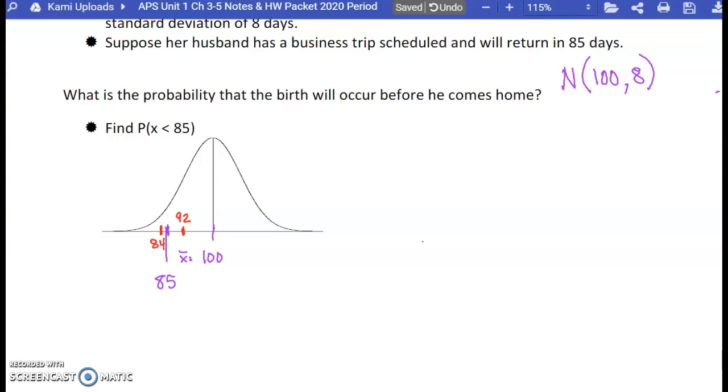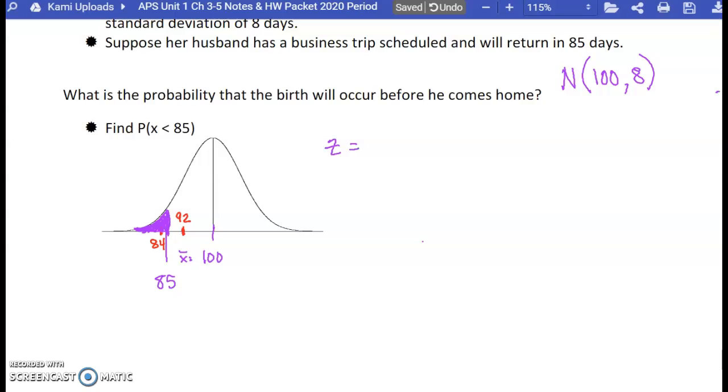I'm going to move this label. We're interested in finding the probability that the X value is less than 85 days. So there's my 85 right there, and I'm interested in this area to the left of 85. Now, this doesn't fall in a way that the empirical rule will help us. So our task is first to find the z-score.